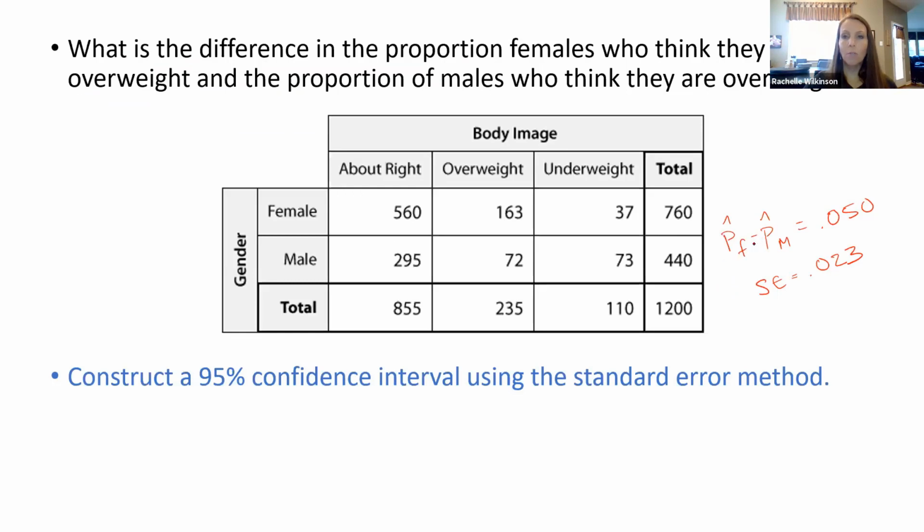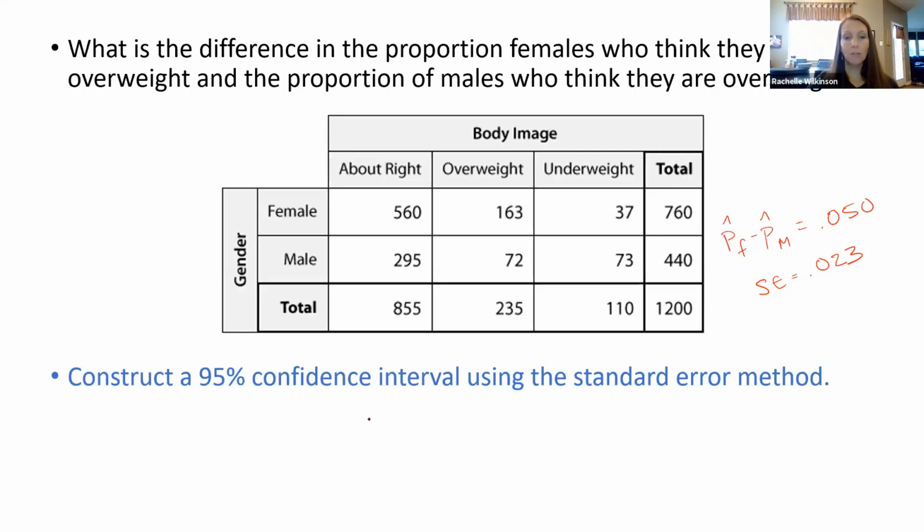So if you recall, my original sample statistic, the difference in the sample proportions of females and males who felt like they were overweight, was 0.050. And my standard error that we just found using the bootstrap distribution is 0.023.